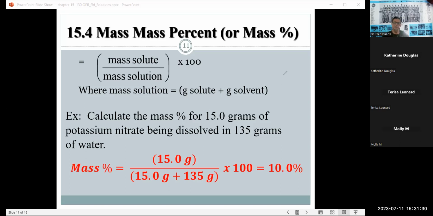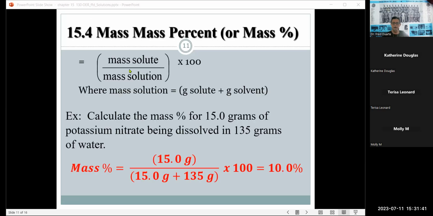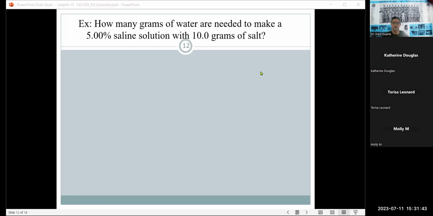And that's the next type of problem. So in this case here, we have how many grams of water? We don't know what the water is, which is the solvent. How many grams of water are needed to make a 5% solution if I start off with 10 grams of salt? Could be any salt, any ionic compound.